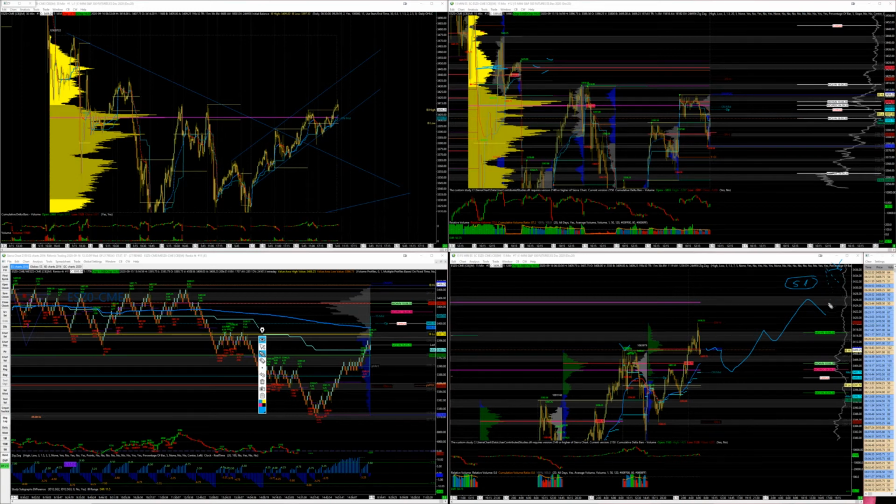Tested 35. So okay, scenario 1, scenario 2 in green. I'm expecting, see we're opening on the overnight VPOC, right on top of it. So I'm expecting a choppy open and then test higher.